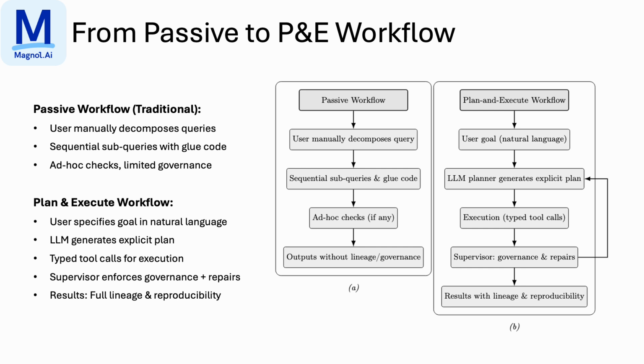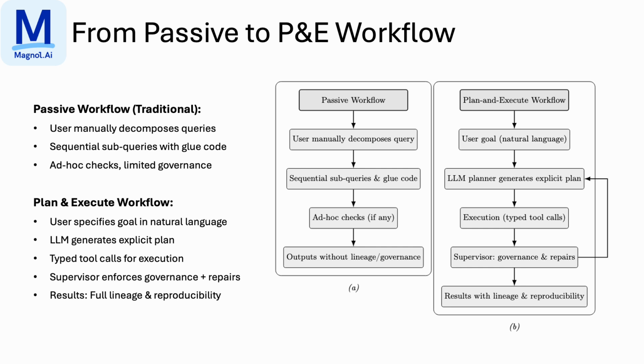With a Plan and Execute workflow, the user simply states their goal in natural language. The system's large language model generates an explicit step-by-step plan, which is then executed through typed tool calls.